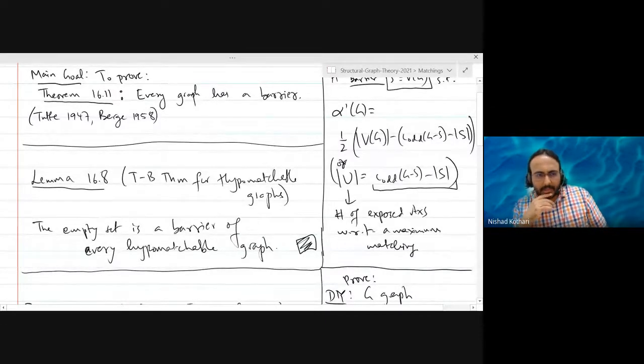But it was only in 1965 that Jack Edmonds gave a polynomial time algorithm for finding a maximum matching in any graph. And that requires new ideas. When the algorithm terminates, it will actually give you certificates like the maximum matching and the barrier and all those things. But the algorithmic component is more non-trivial than what we have done, and it's not really in the realm of this course.